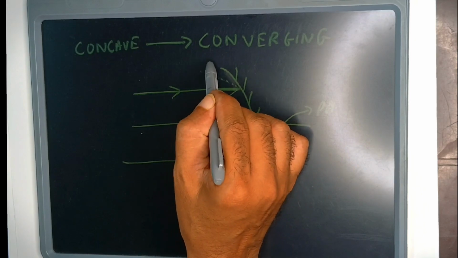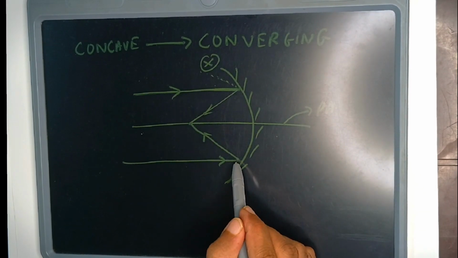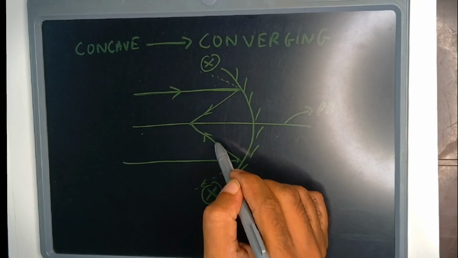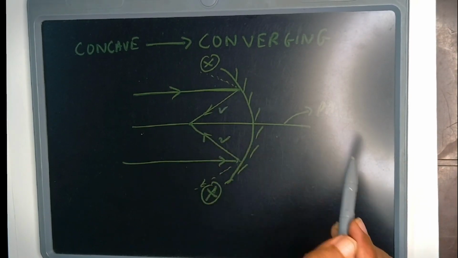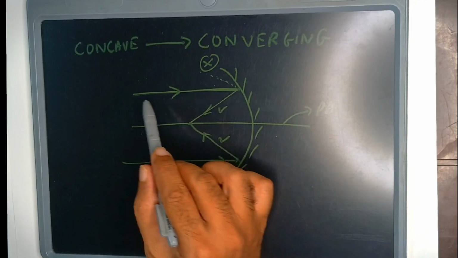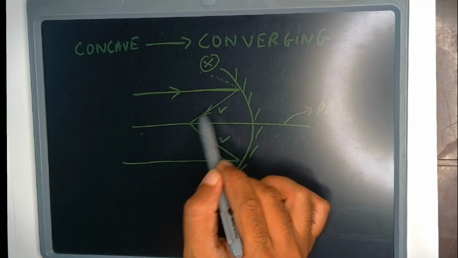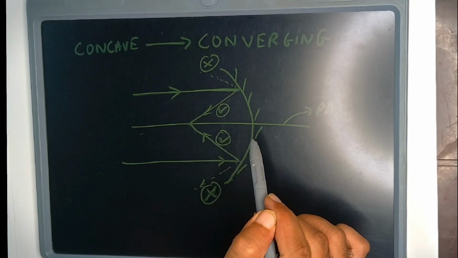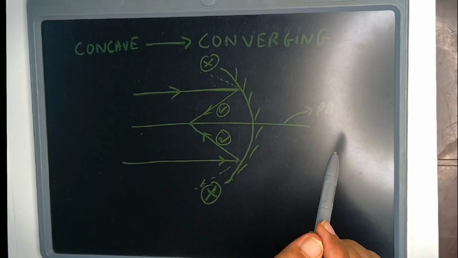It should not bounce upward. This is wrong. This is the correct denotation. Please think and answer why the ray of light which has gone parallel bounces back downwards and not upwards. Please think and write in the comments.